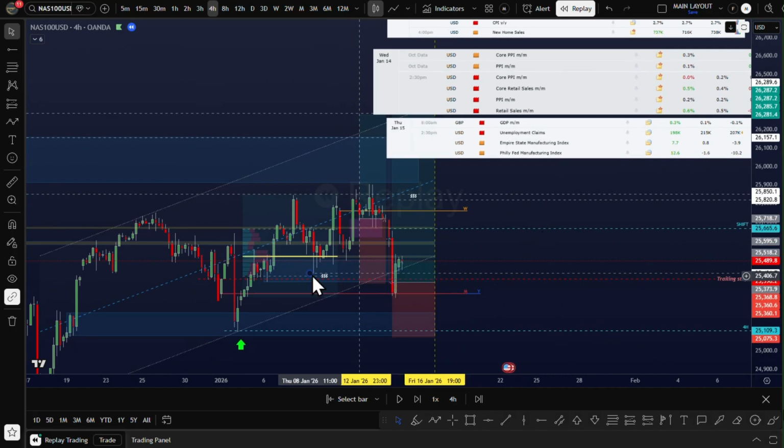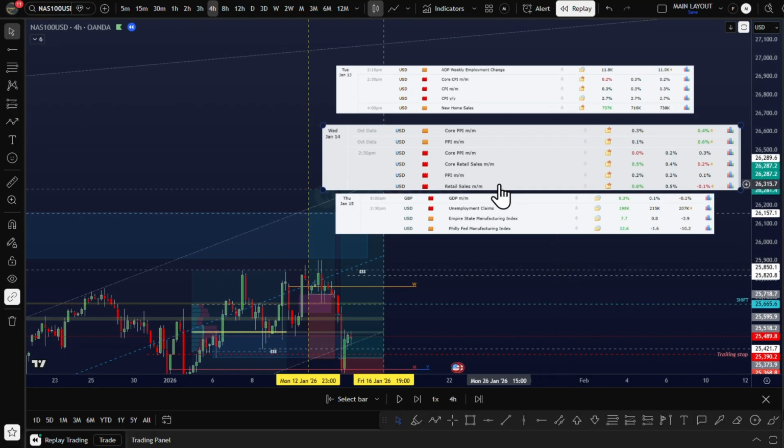Indices are a composite; for example, we are trading Nasdaq right now. Nasdaq is a composite of tech companies, businesses that like lower inflation, and last month we also had good retail sales, which is very good for businesses.